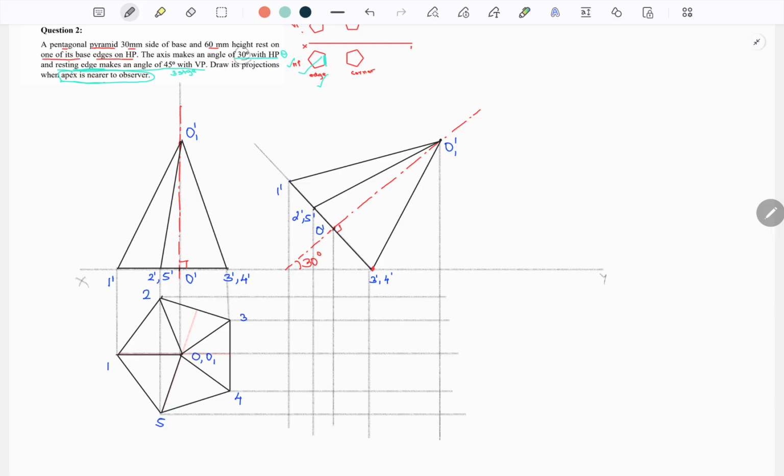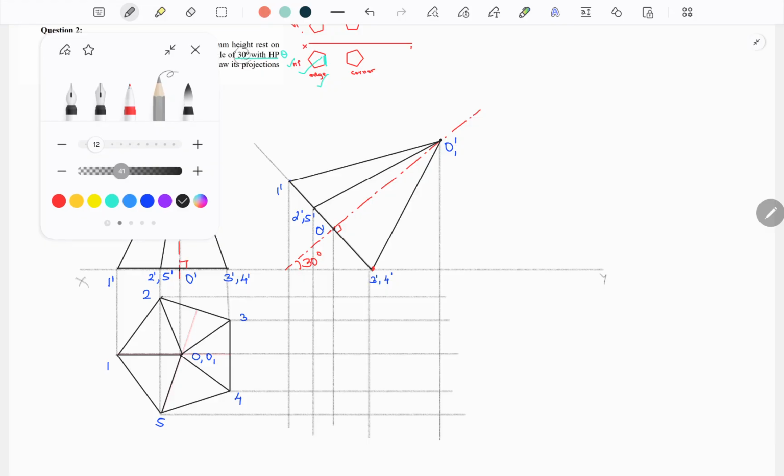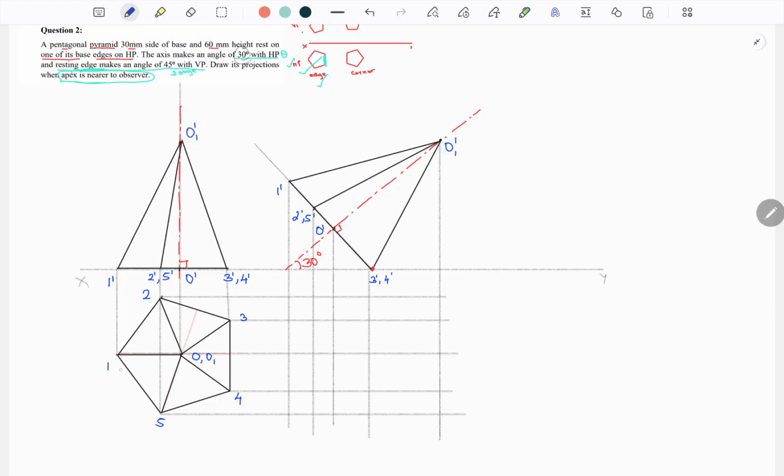Clear? Now let us locate the points. 1 horizontal, 1 dash vertical intersection point will give you point number 1.